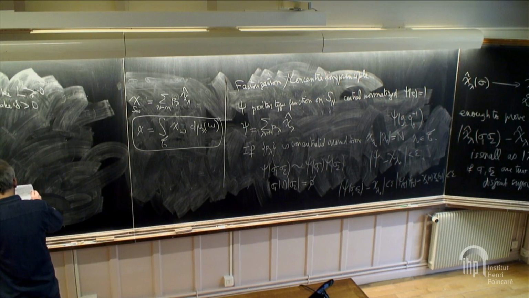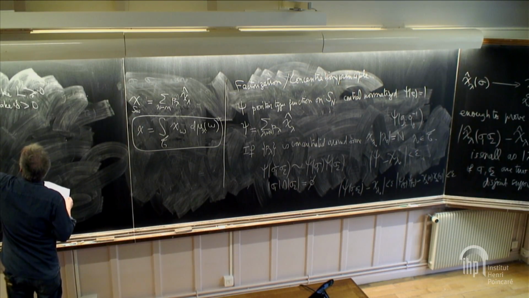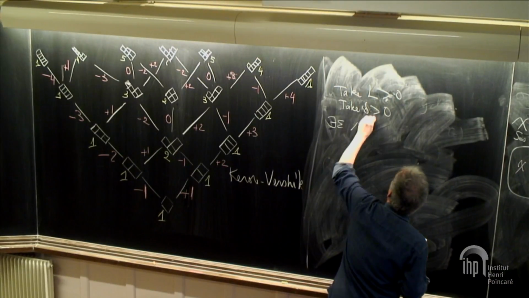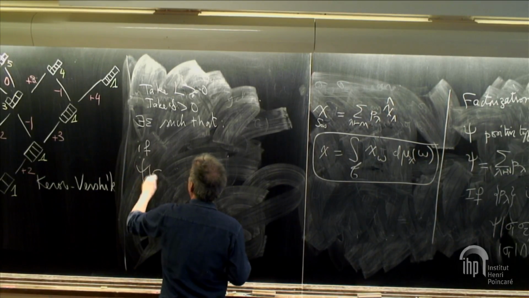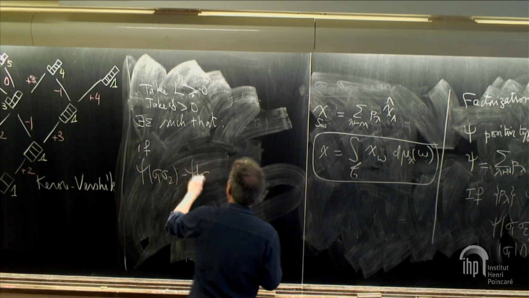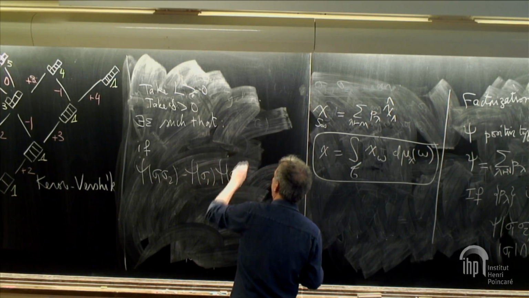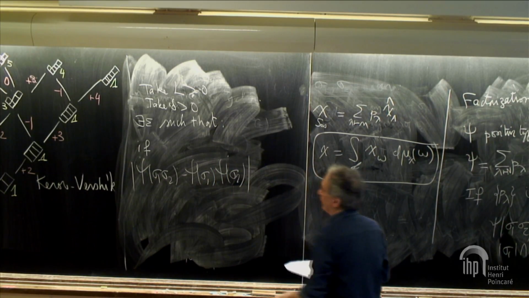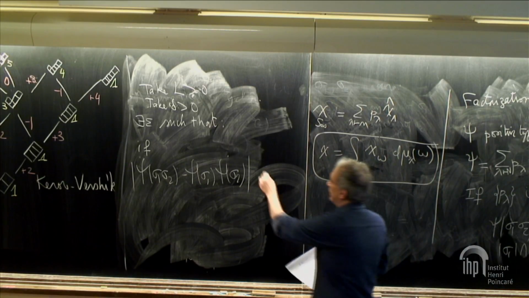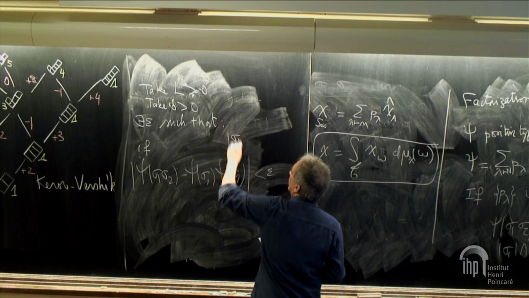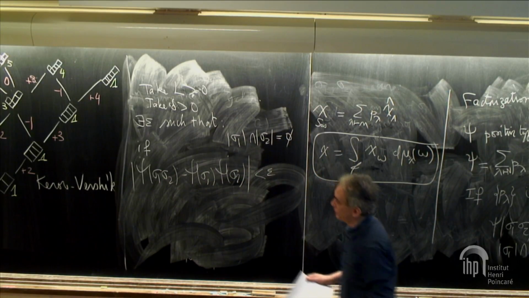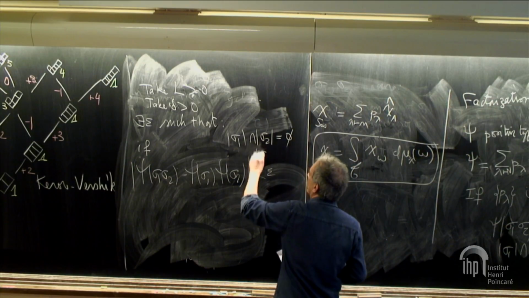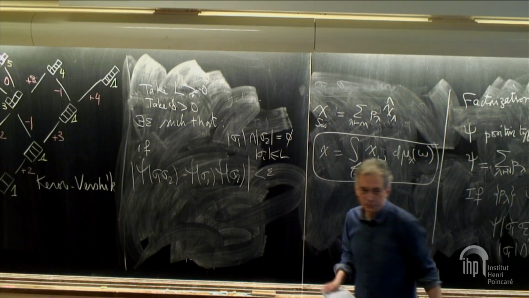Now, what I claim is that there exists epsilon such that if psi of sigma 1, sigma 2 minus psi of sigma 1 times psi of sigma 2 is smaller than epsilon, for, again, two permutations that have to be disjoint, and their lengths have to be smaller than L.